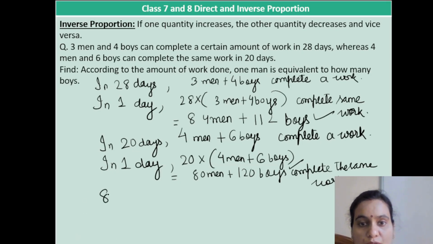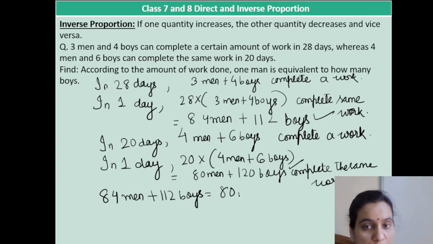Yes, I can, because I have found how many men and boys will be required in one day to complete the same work. Please keep in mind, it is the same work, not a different work. 84 men and 112 boys can finish the work in one day. Same work, 80 men and 120 boys are able to complete in one day.